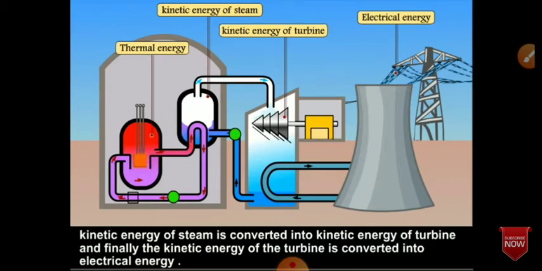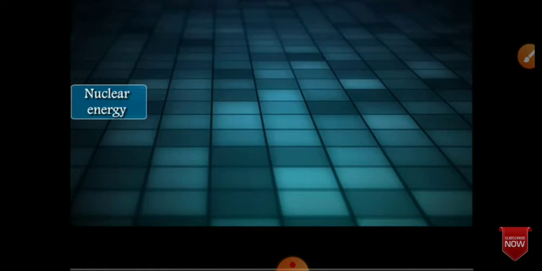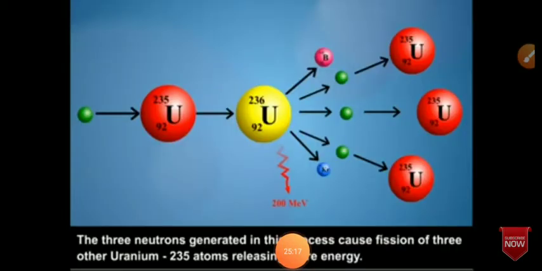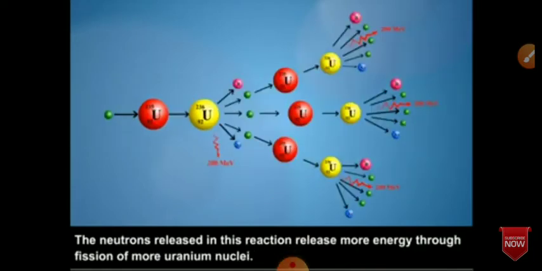Then kinetic energy of the steam is converted to kinetic energy of the turbine. How the flow chart is there, that you see. See this diagram, how from the uranium the electricity is generated in the nuclear power plant.